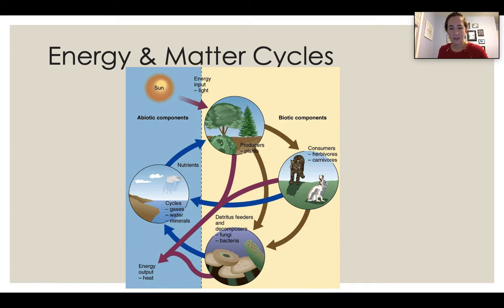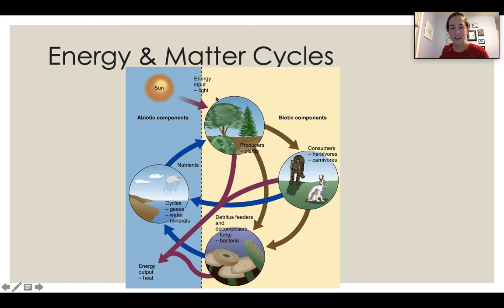So in our ecosystems, we have our living things, our biotic components, interacting with our abiotic components. So we know that an ecosystem is the interactions of abiotic and biotic factors. So in this, we have the combination of both energy and matter being cycled. On these brown lines, you can see organic material that's going from one place to another.